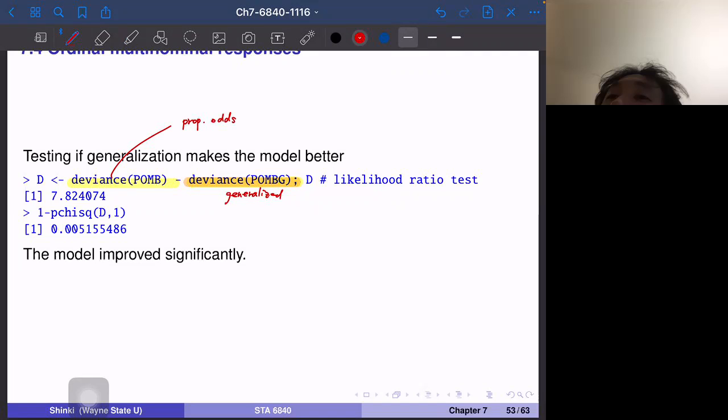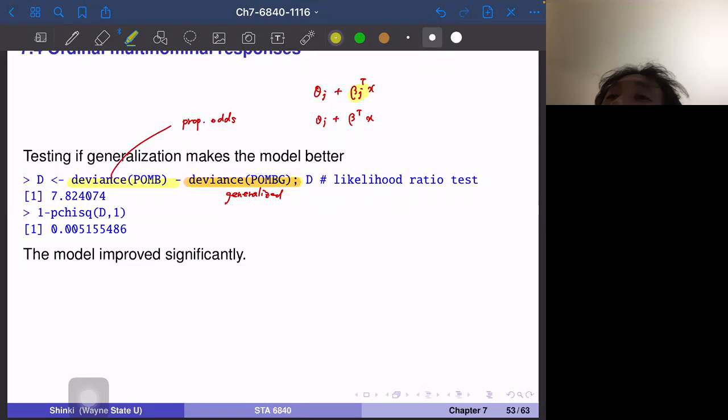The proportional odds model is smaller; we have one parameter less. Remember that we have theta j plus beta j transpose x, versus theta j plus beta transpose x, with j equal to 1 to 2, so we have just one more parameter for the generalized model.